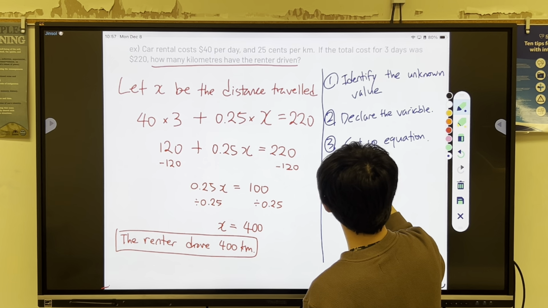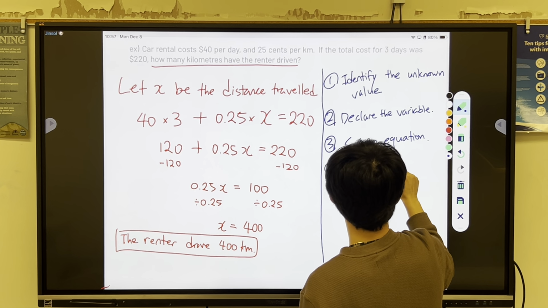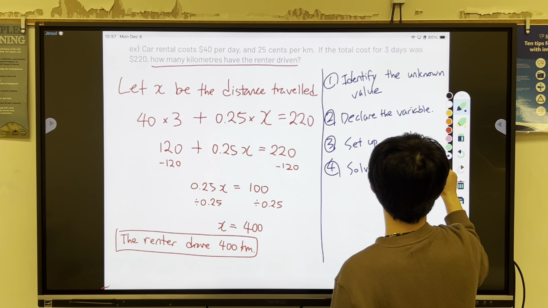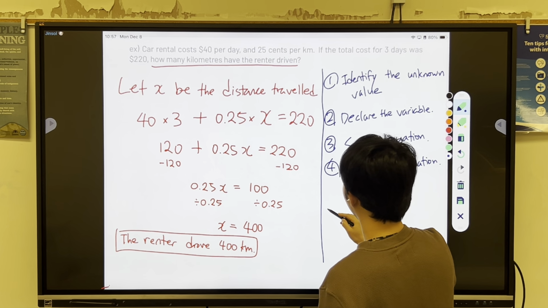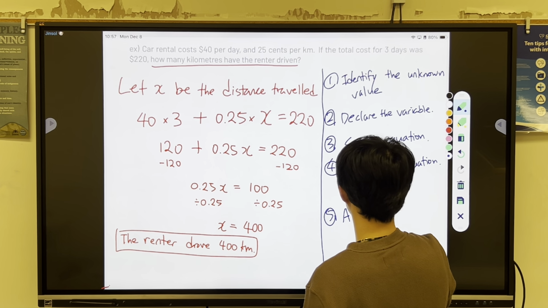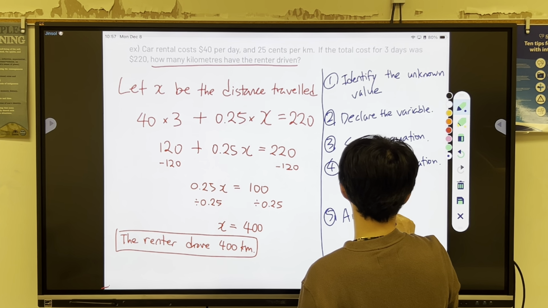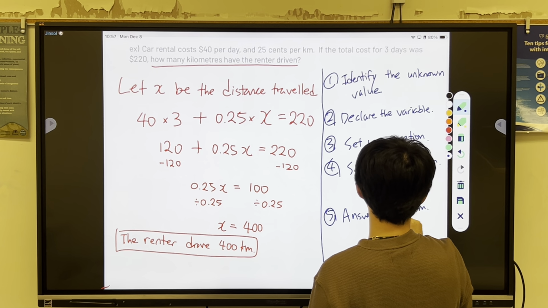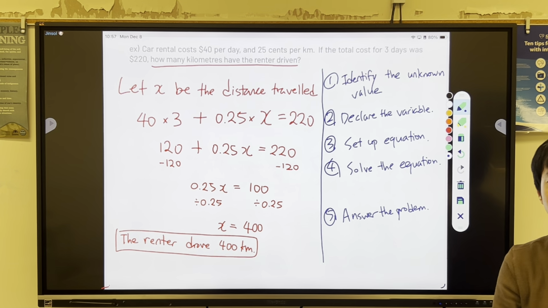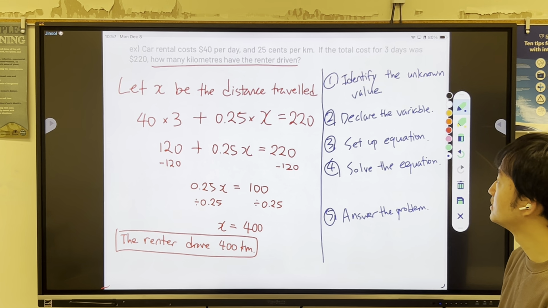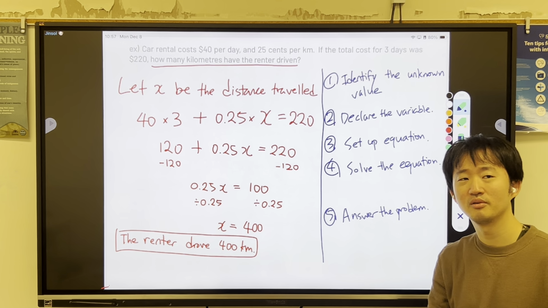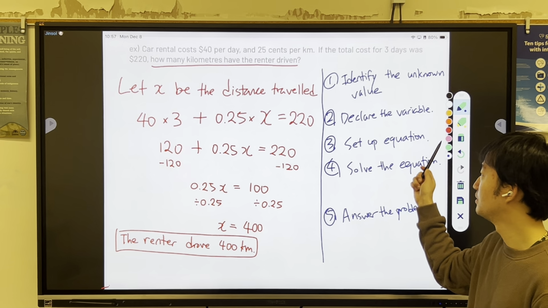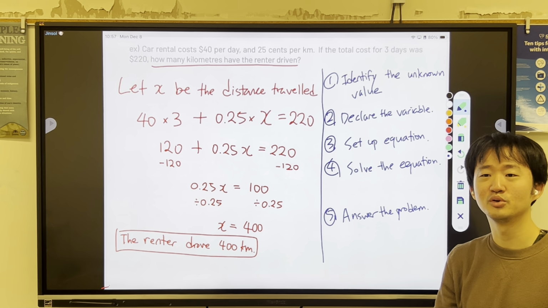The fourth step is to solve the equation. And the fifth step is to answer the problem. So we always follow the 5 steps here. And the only difficult part about this problem is the third step. Setting up the equation is often the most difficult.